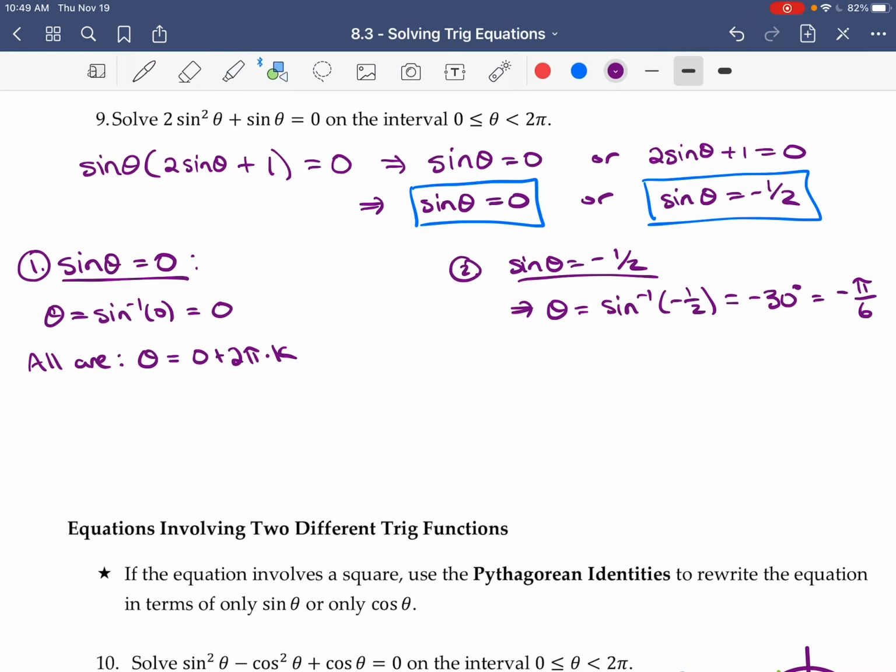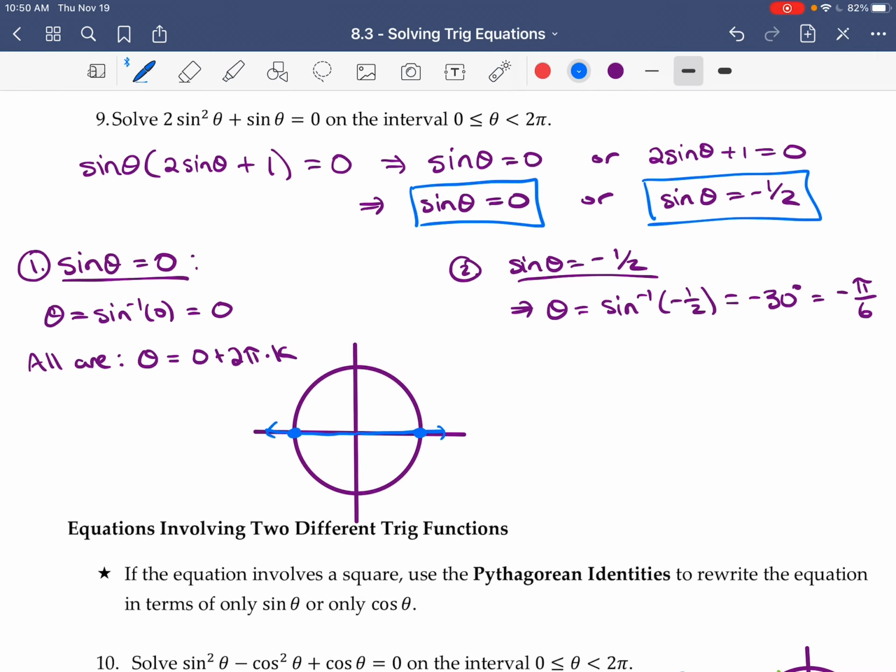And I am going to draw a picture here. Okay, so when sine is 0, that's here. So the y value is 0. Oh, actually, sorry, I missed one. I'm glad I drew the picture. So sine is 0 at theta equals 0, but also at theta equals pi.